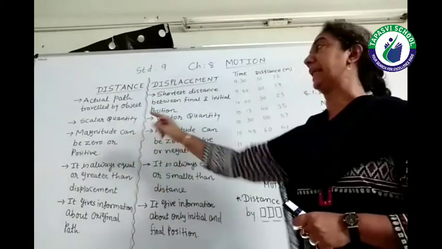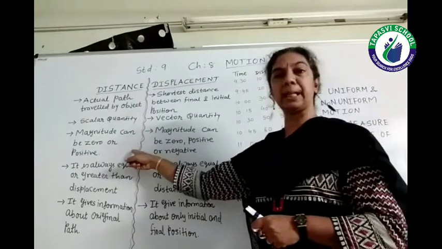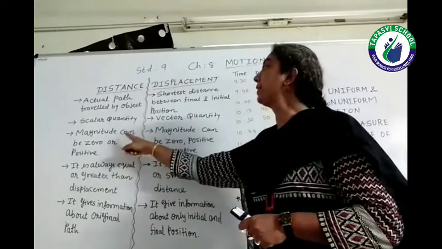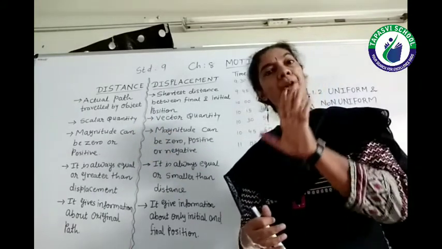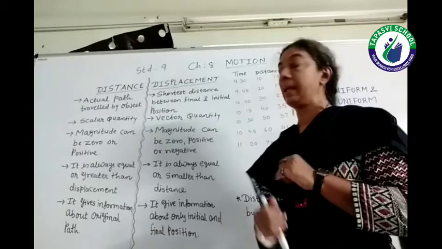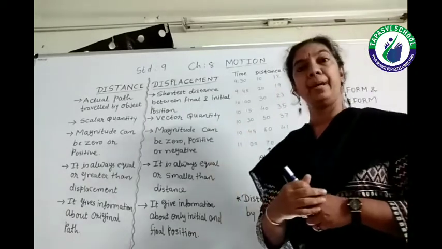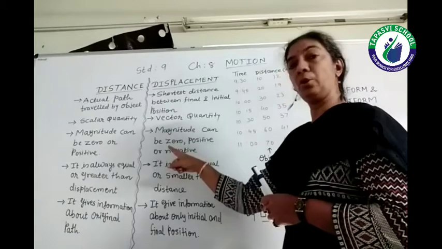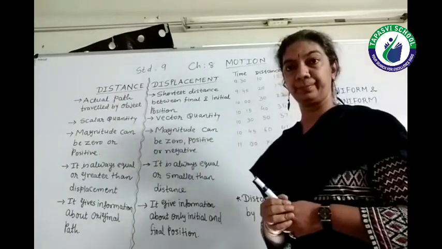So it is scalar. Now as we have discussed the example, the distance travelled by the object can be 0 or positive. But displacement can have magnitude 0, positive or negative also.